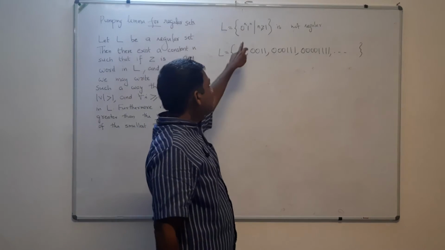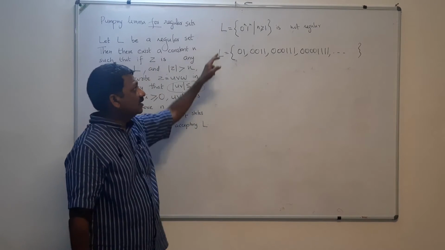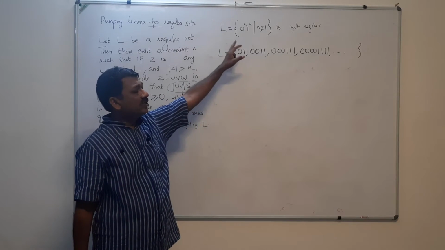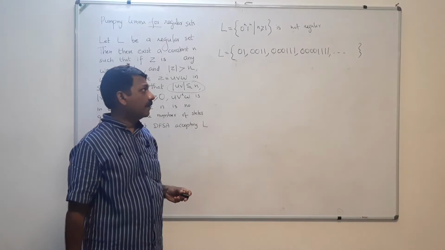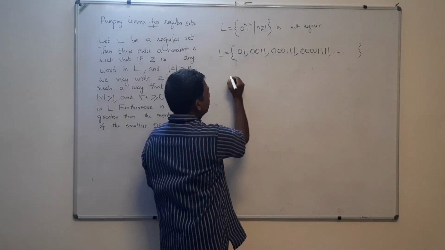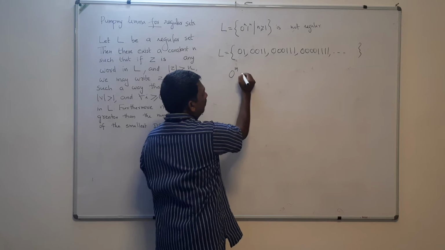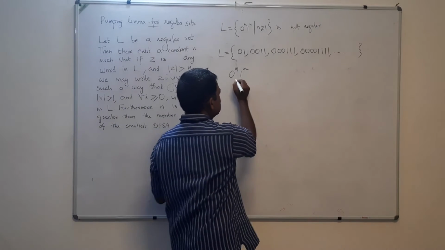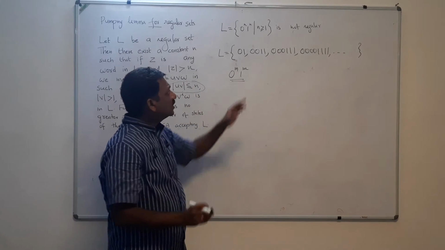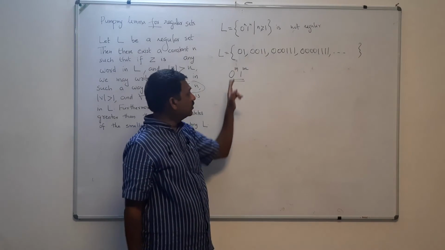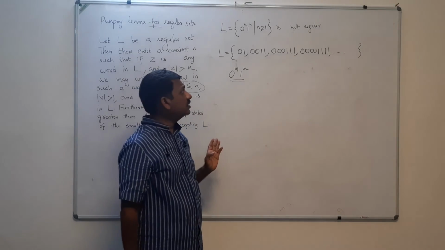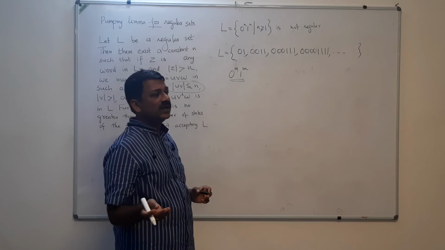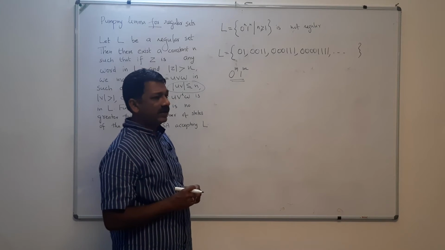Here the proof is like this. First of all, we assume that 0 raised to n, 1 raised to n is regular. Then I choose 0 raised to m, 1 raised to m, which is a valid string. Suppose the number of states of the deterministic finite automaton is n.